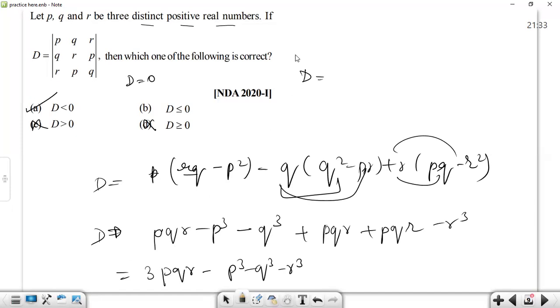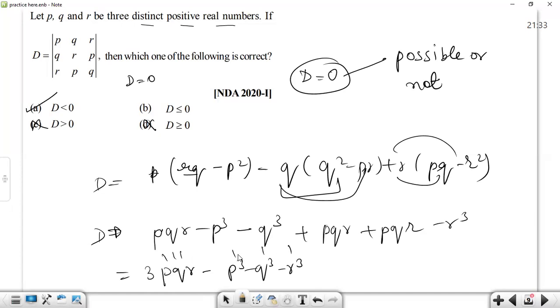Now we are solving for the possibility whether this determinant can become 0. Is this possible or not? So now let's consider such values of P, Q, R so that it becomes possible. If we simply consider P, Q, R as 1, 1, 1, then that becomes 3 into 1, minus 1, minus 1, minus 1.